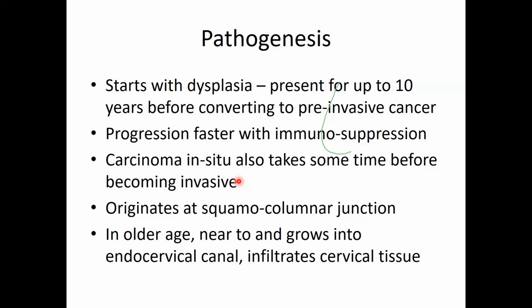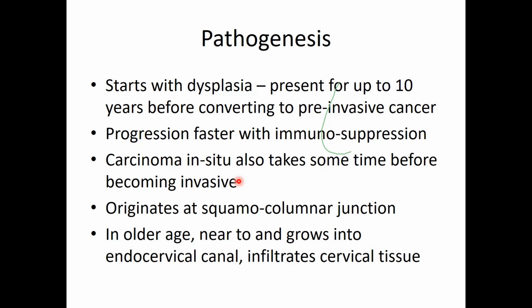And usually it progresses very fast in the immunocompromised. That is mostly the HIV positive clients. It is about 6 times in HIV positive clients, unlike the normal clients. So it usually originates from that junction that we've talked about, the squamocolumnar junction.